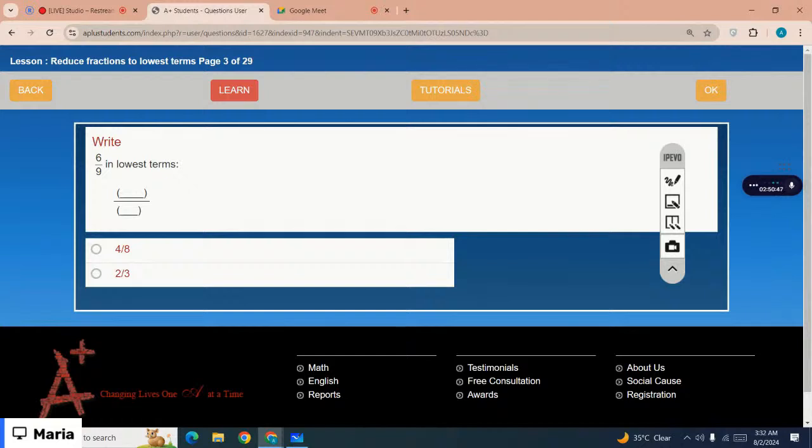So which is the correct option? 6 over 9. You can divide both numerator and denominator by 3, right?